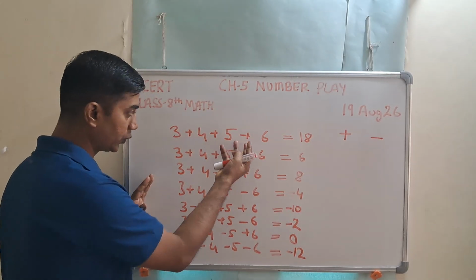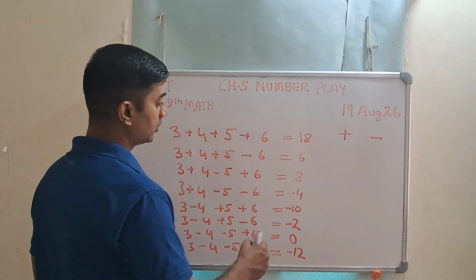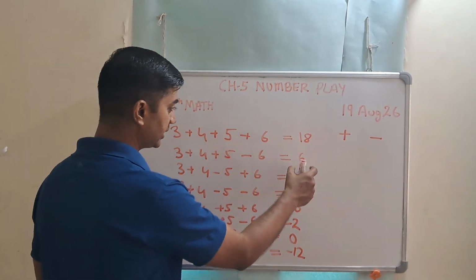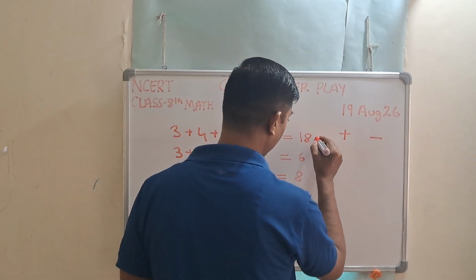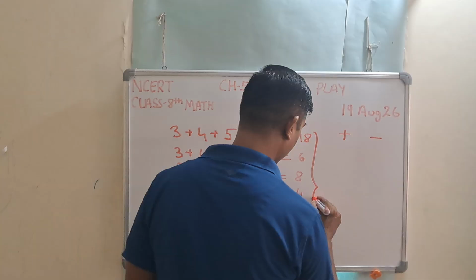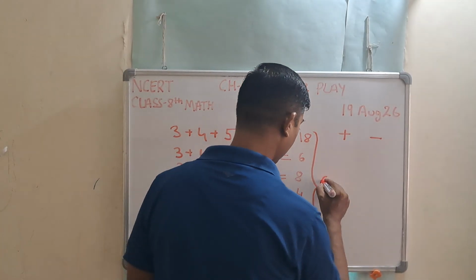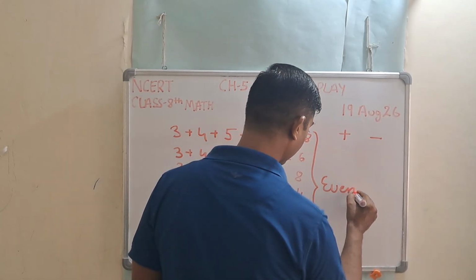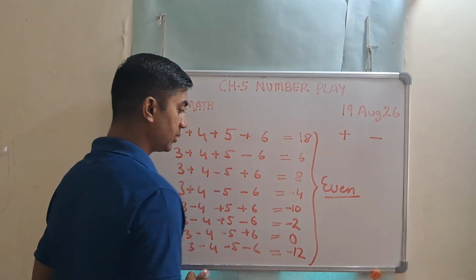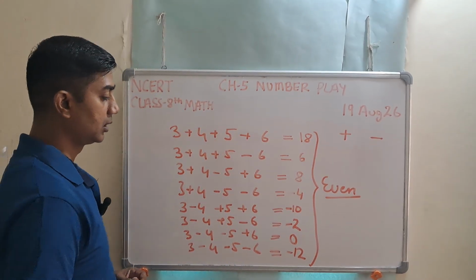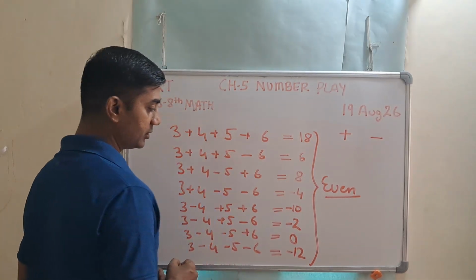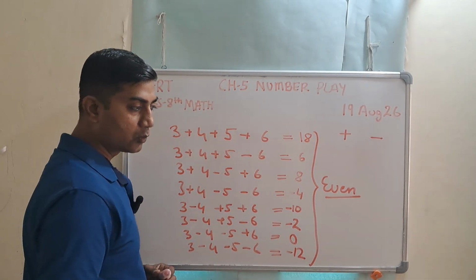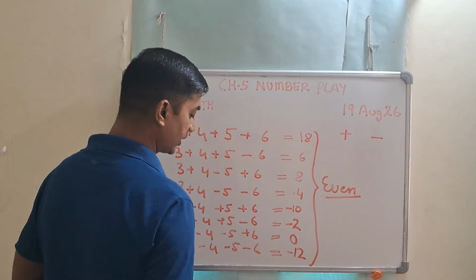So this is the only possible combination of mathematical operations, addition and subtraction, we can put between these 4 different numbers, and we got the result that all the results are even. All these numbers are even. Understood? See, 0 is considered even, when something is placed before it.